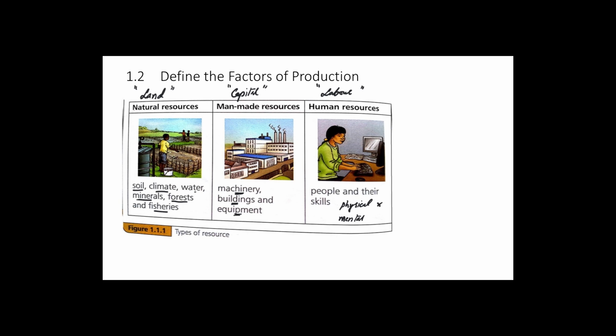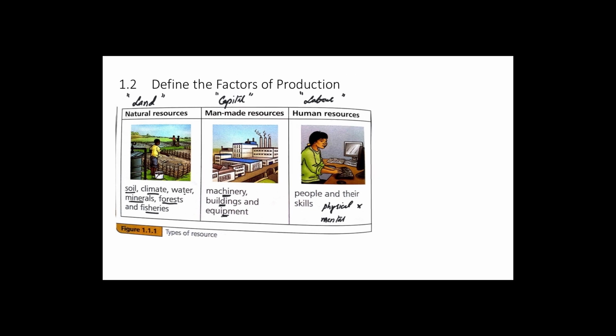So which one's missing here? We have the 4th one missing, which is the French word entrepreneur, or enterprise. Enterprise could be the business. Entrepreneur is the person, the owner, who's running the business.